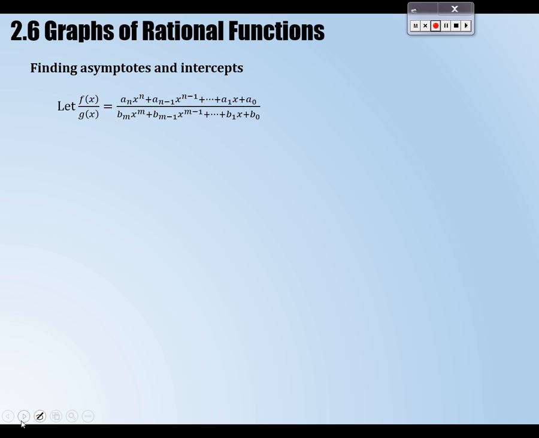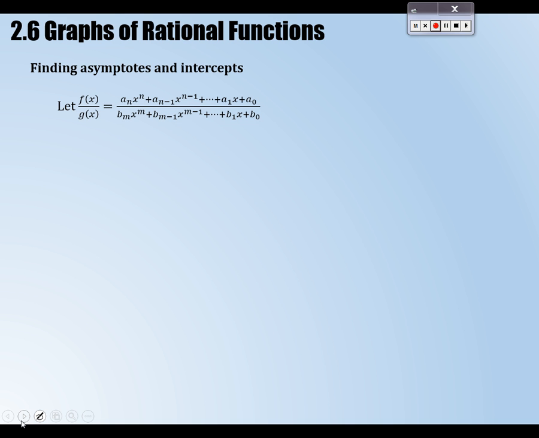All right. Here's our rational function that we're interested in: f over g, a polynomial divided by a polynomial. I mean this crazy notation with triple dots that I referred to on the first day when we were doing polynomials.